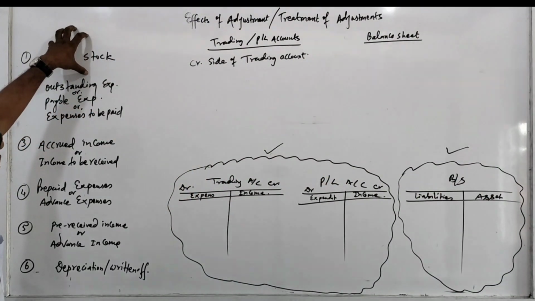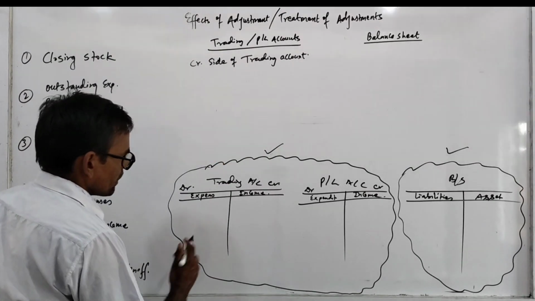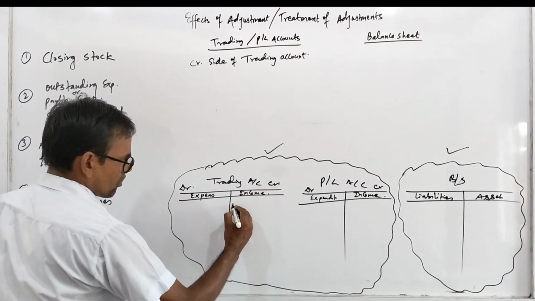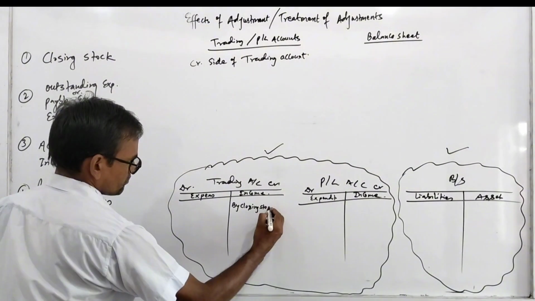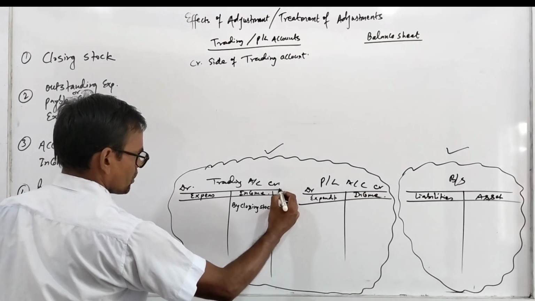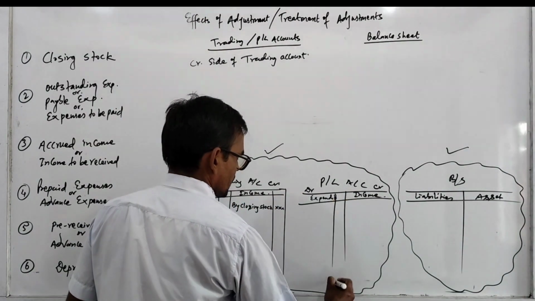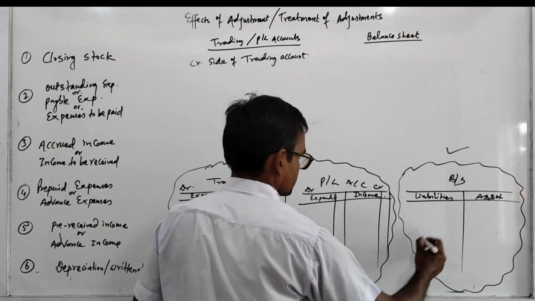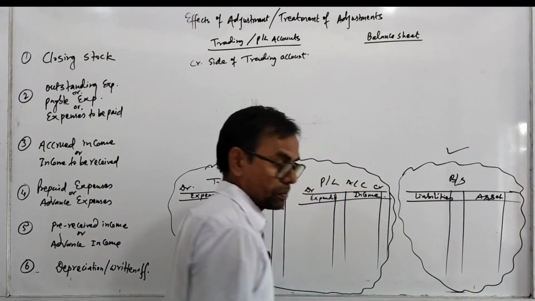Here is closing stock. The closing stock should be recorded on the credit side of the trading account. It means you have to write in the trading account 'By closing stock', with the amount.